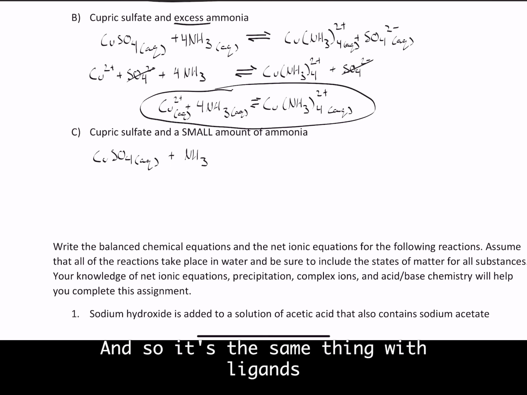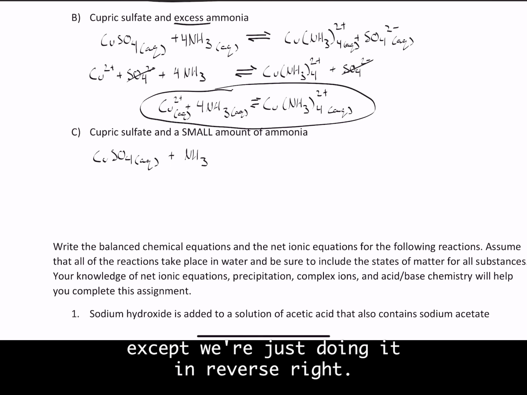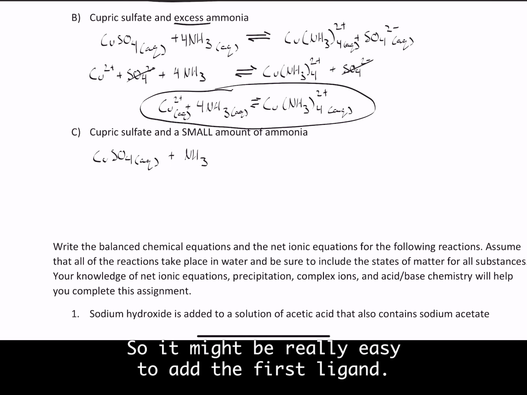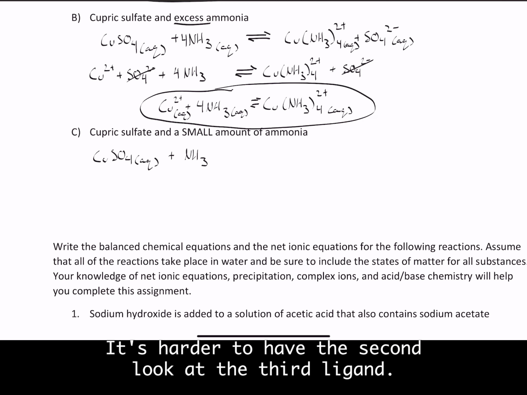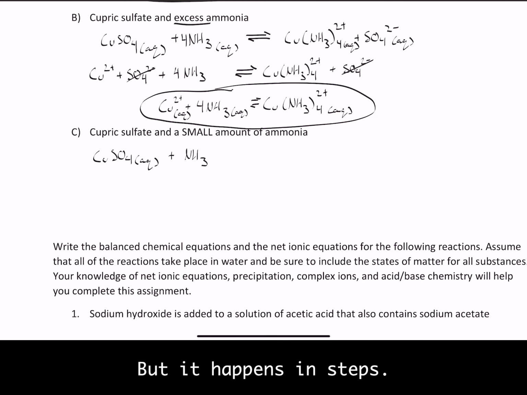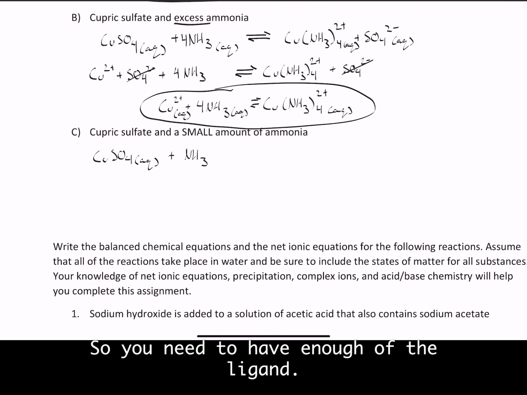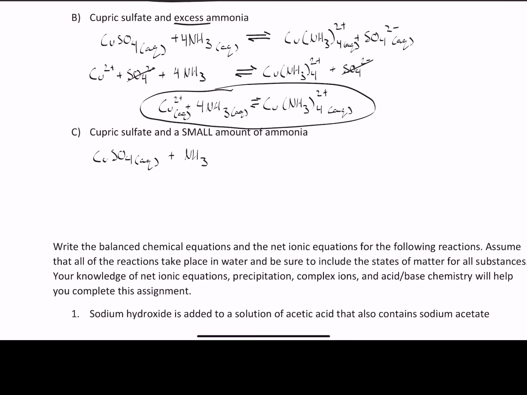And it's the same thing with ligands, except we're just doing it in reverse, right? It might be really easy to add the first ligand, it's harder to add the second ligand, the third ligand, but it happens in steps. So you need to have enough of the ligand present in order to even form the complex ion.